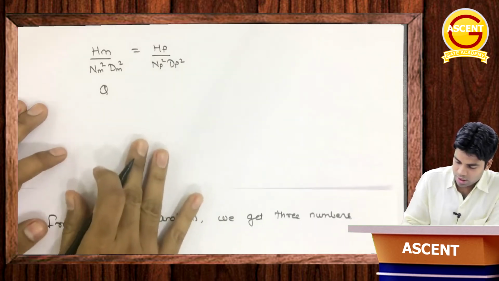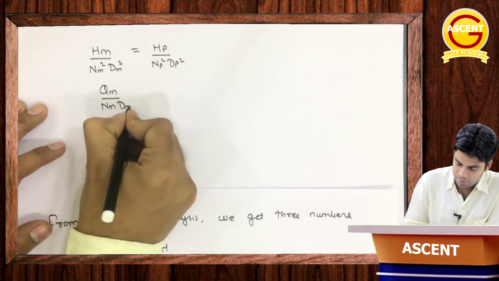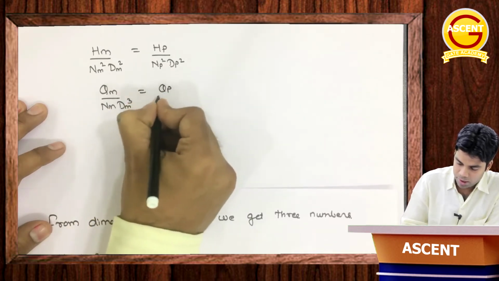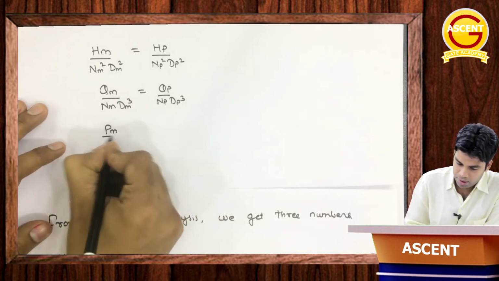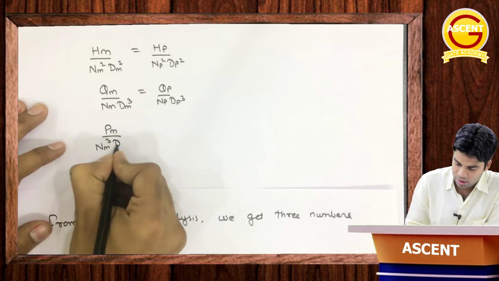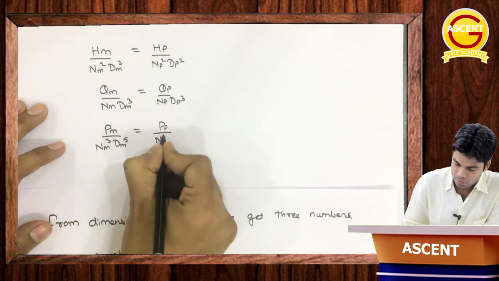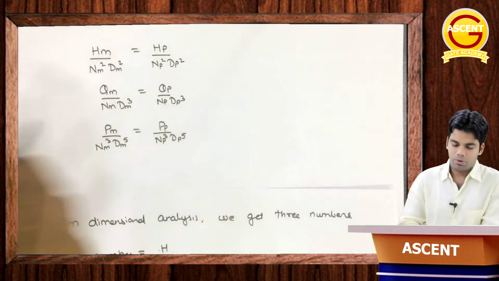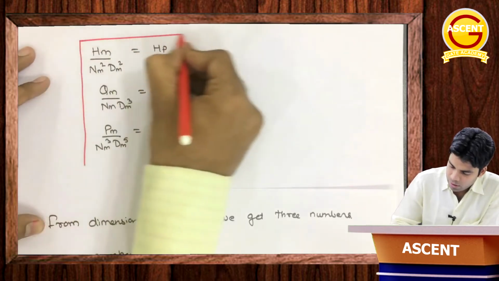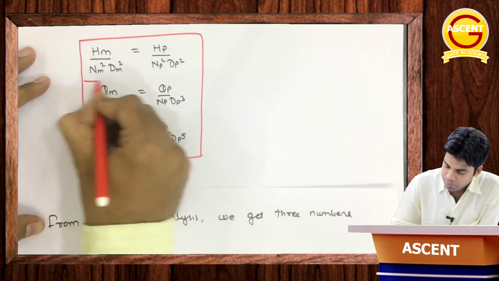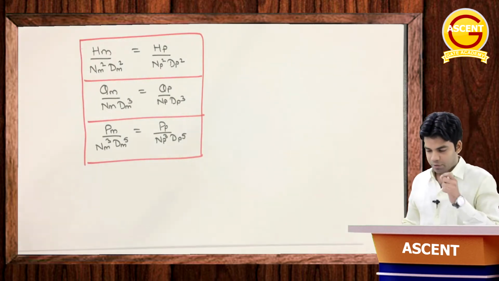Similarly, discharge number Qm by Nm Dm cube should be equal to Qp by Np Dp cube, and power number Pm by Nm cube Dm raised power 5 should be equal to Pp by Np cube Dp raised power 5. Okay, so these three are very important, especially in solving numericals for model and prototype. These three numbers are equal. Getting this or not? Very, very important thing.